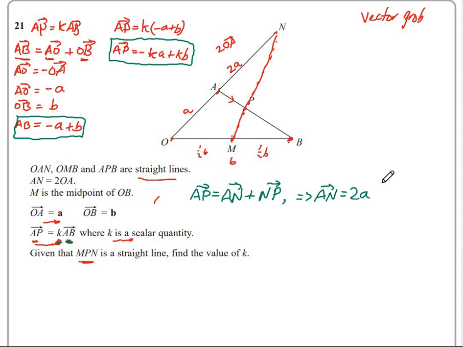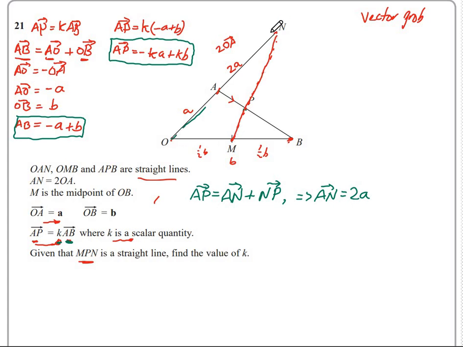So I want to find what NP equals, right? Now notice that I don't have any vectors for NP, but I've noticed that I actually have another triangle here. Notice we have another triangle. We have this triangle here. Okay, we have the triangle ONM or OMN.